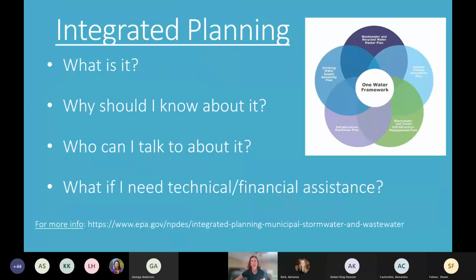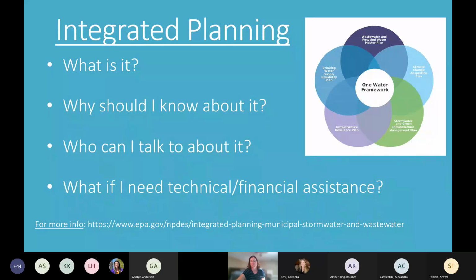It was just published in March, so it's a new document that's out there in case anybody wants to see that. Our next speakers are going to talk about integrated planning, which might be something that a lot of people might not know about, even though it's not really a new thing. It was established in 2012, and it's a totally voluntary process. But it's a way for communities that have multiple water requirements to come up with an integrated plan to address some of those obligations that they have.